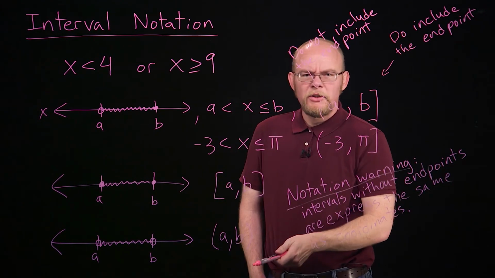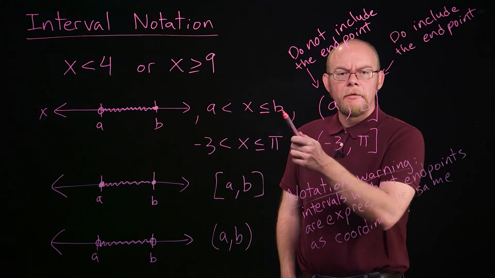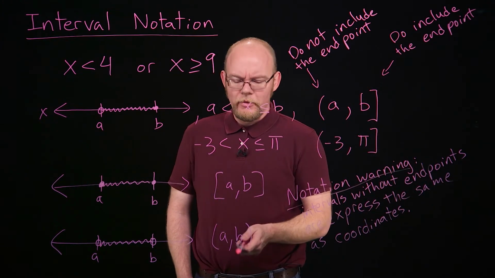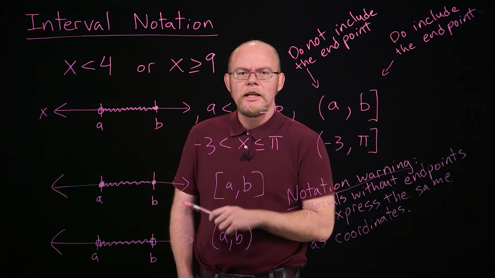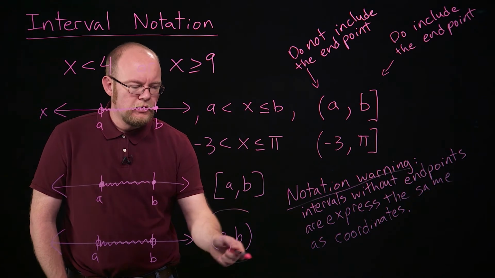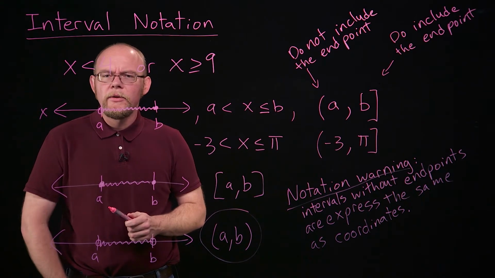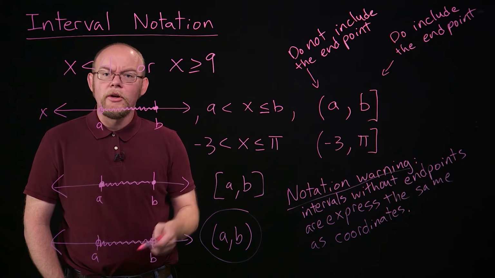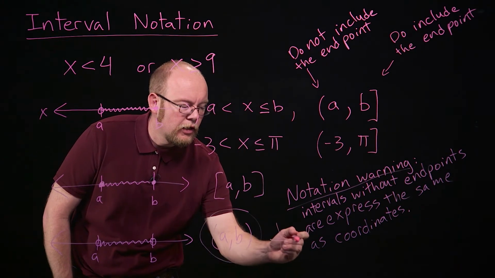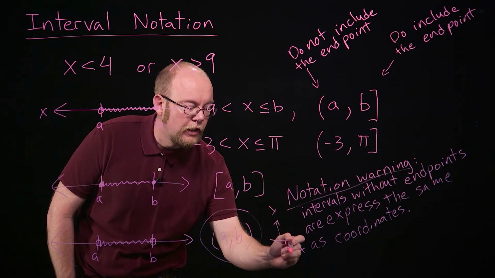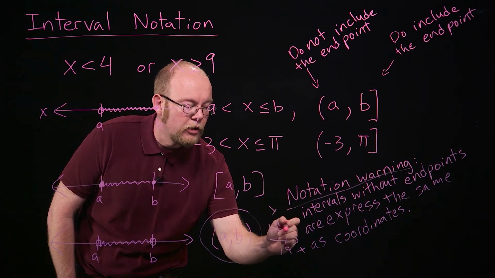So if you look at this, this could look like the point A, comma, B if we were on the x, y coordinates. But if we look at this, this is not what we're talking about. We're talking about all the values between A and B, not including B. So anytime you run into notation like this, it's always good to ask yourself, what do they really mean? Are we talking about the interval that goes from A to B, or are we talking about the point on the xy axis that includes the x coordinate A and the y coordinate B?